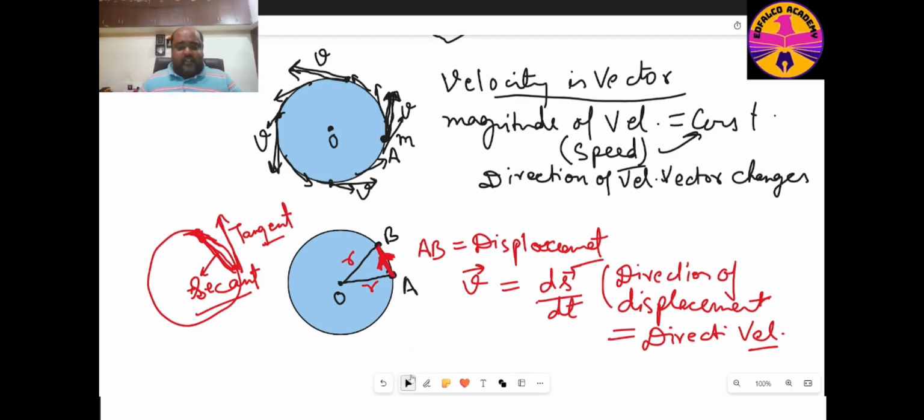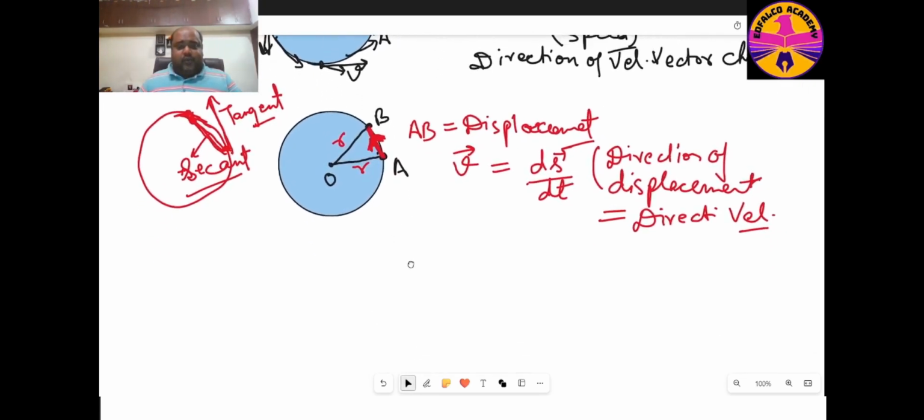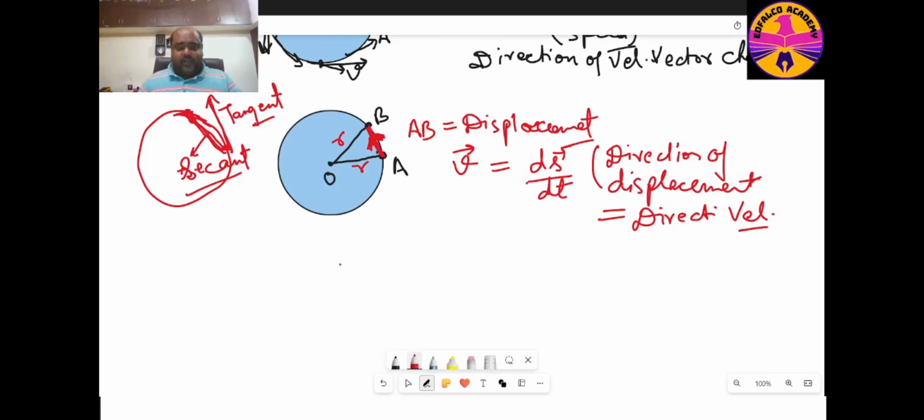The point here is that we are talking about a very, very small displacement. The velocity vector, as I said, is equal to ds vector by dt. So in a differential format, there is a very, very small change in the displacement, which we represent as ds vector, in a very small amount of time dt, right?